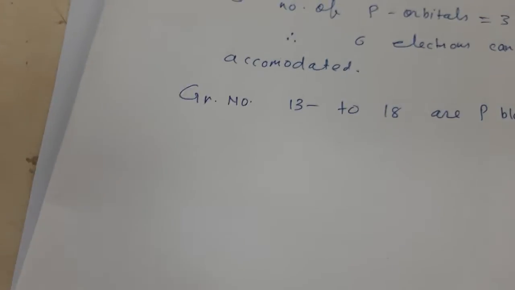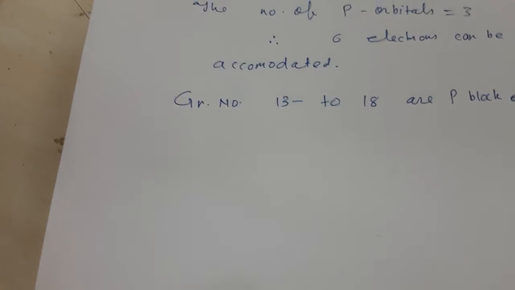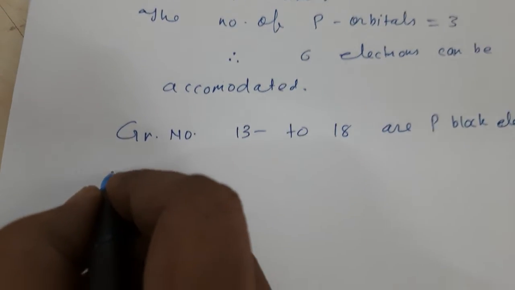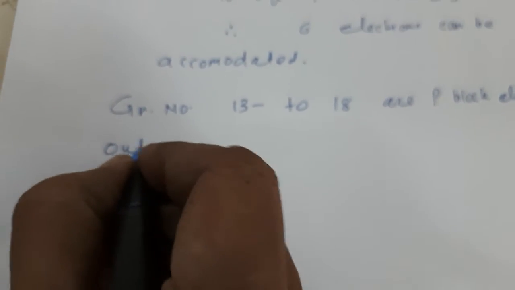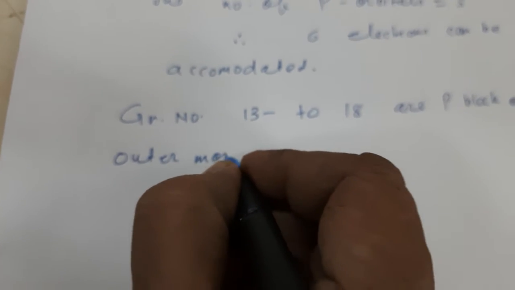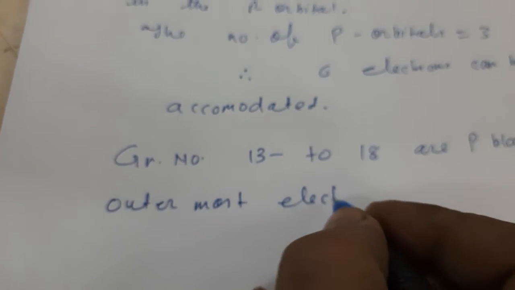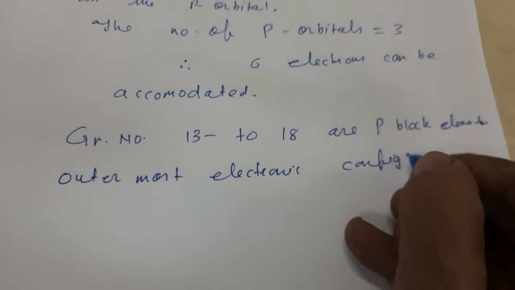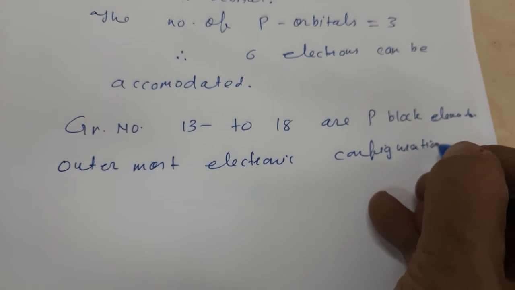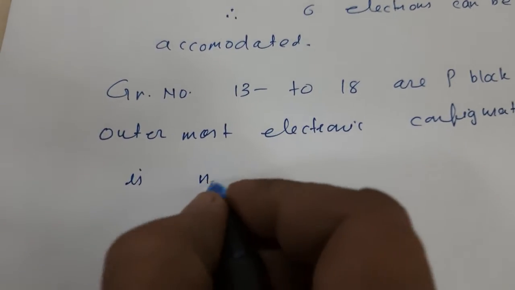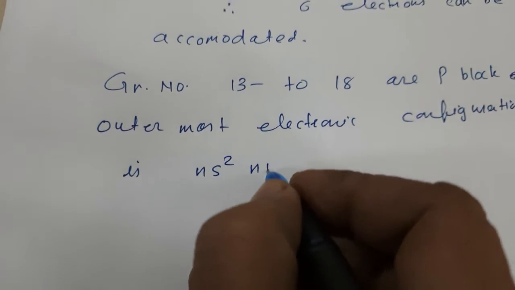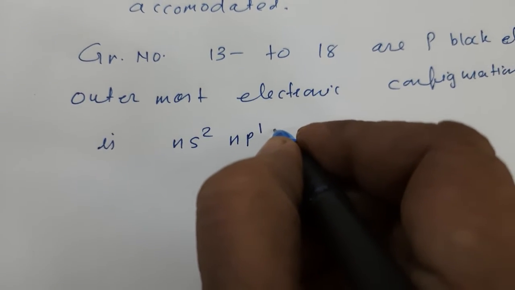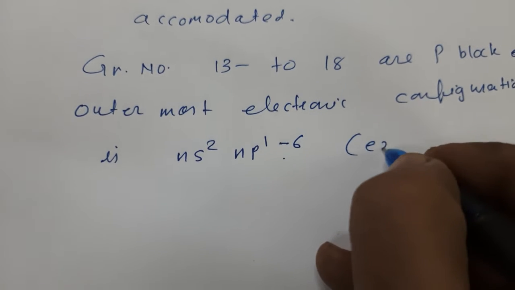Group 13 to 18 P block elements, and their outermost electronic configuration is ns2 np1 to 6, except helium.